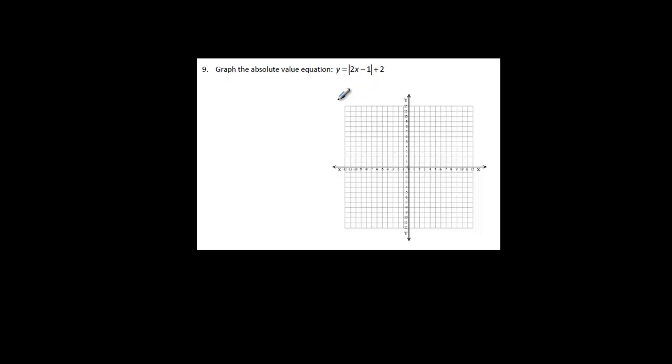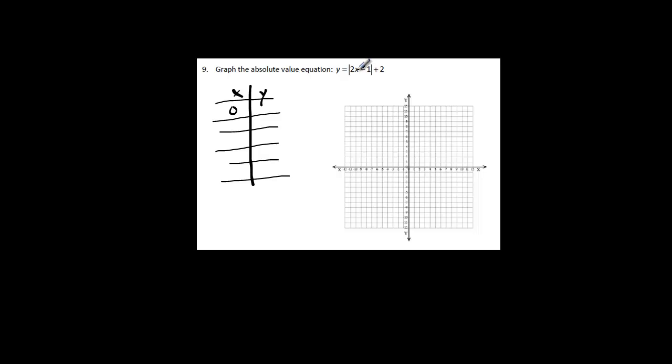Number 9, the absolute value equation. We could do an XY table. That's one way to do it. So let's let x equal 0. 2 times 0 is 0. 0 minus 1 is negative 1.